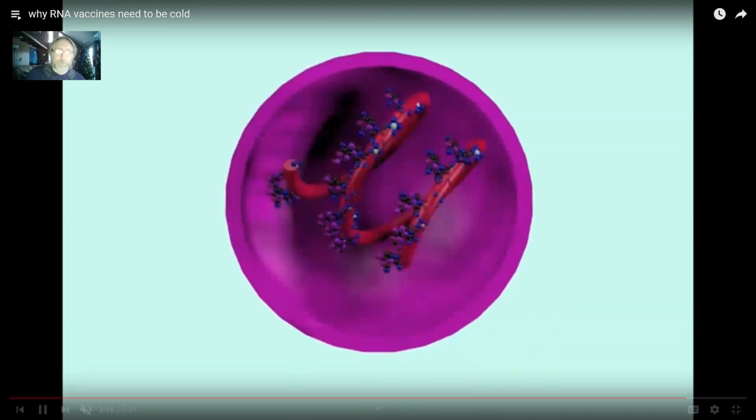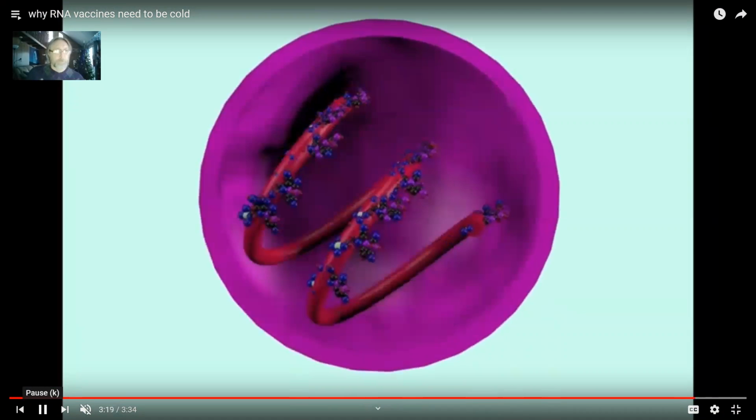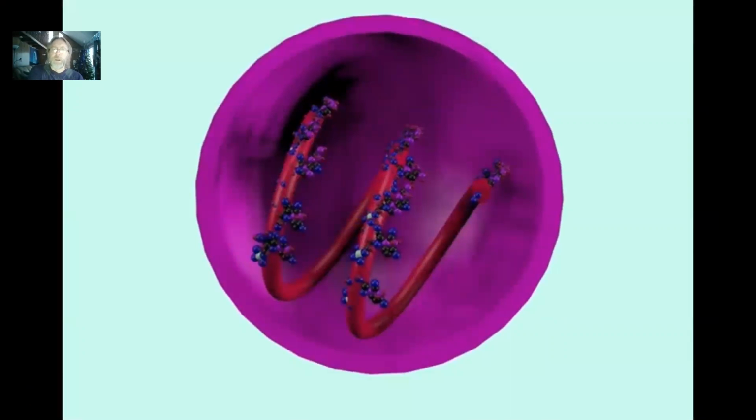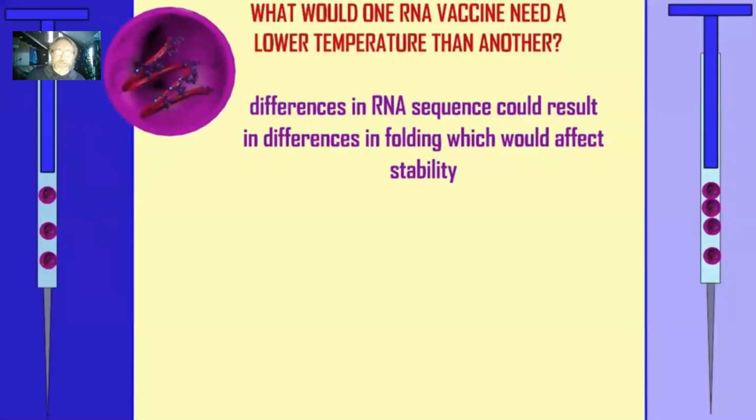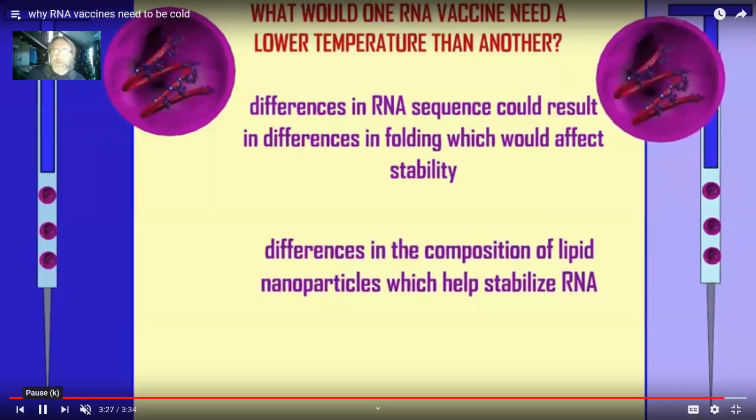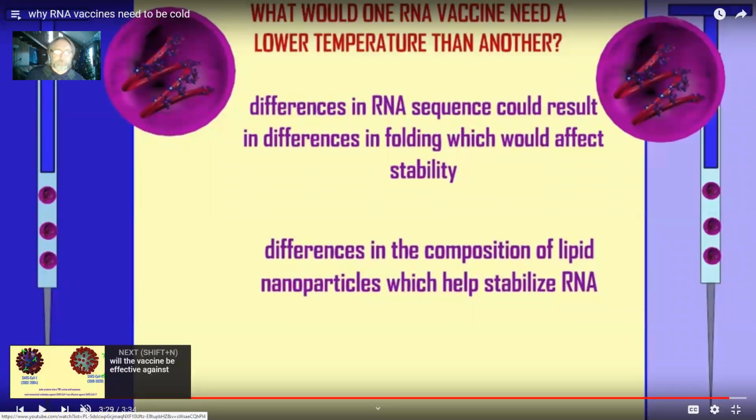Once again, I don't know, in part because this is a proprietary secret where manufacturers are guarding their own patent stuff and procedures. And so differences in the RNA sequence, which affect structure, differences in the nanoparticles, which are stabilizing the RNA, could then play roles in that.